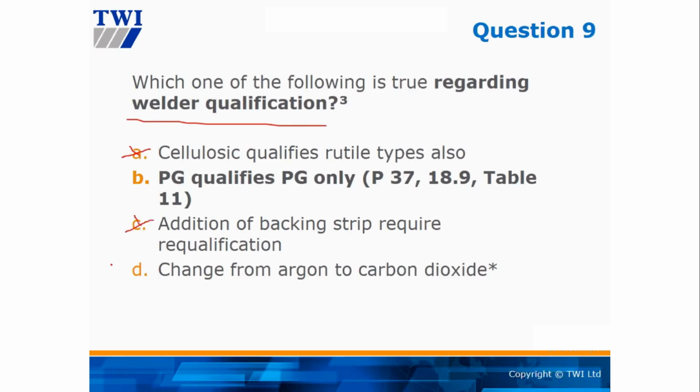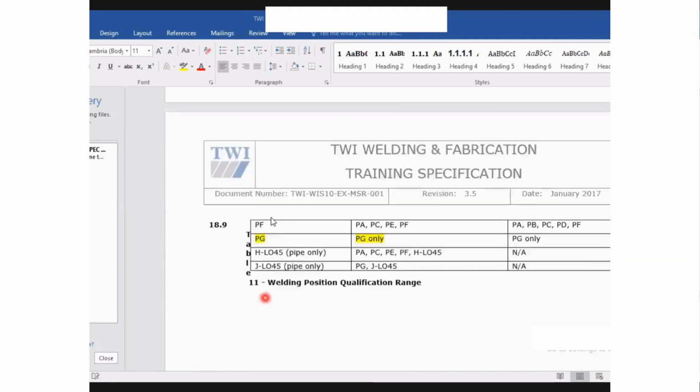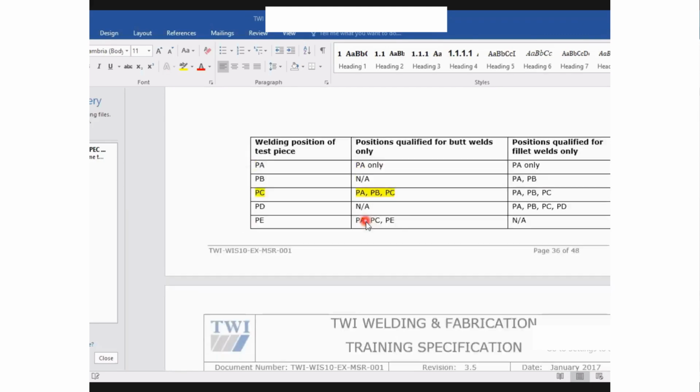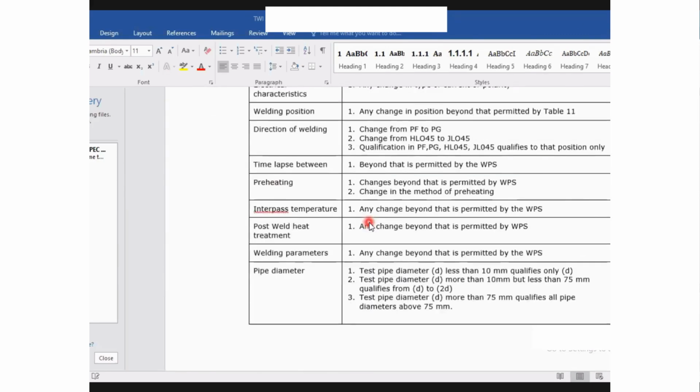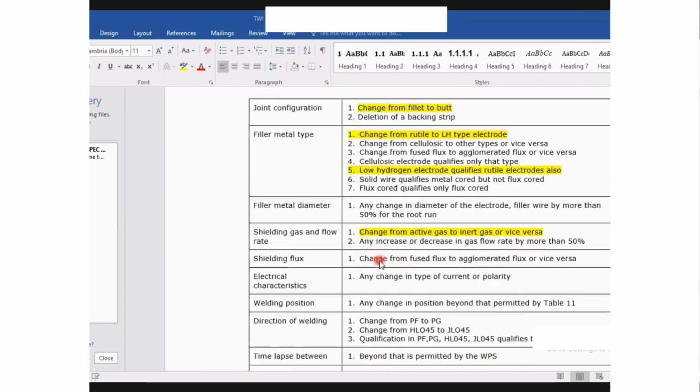Change from argon to carbon dioxide, also wrong. So the only correct here, PG qualified, PG only. Here you can see that PG only qualified PG. That's true, right? The others are wrong. Where you may check from here, from all this table, table 10, right? All this.